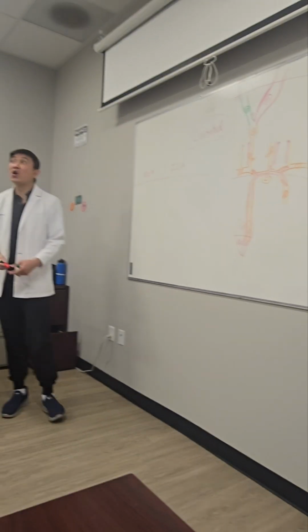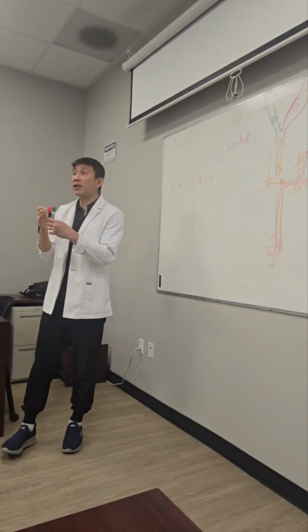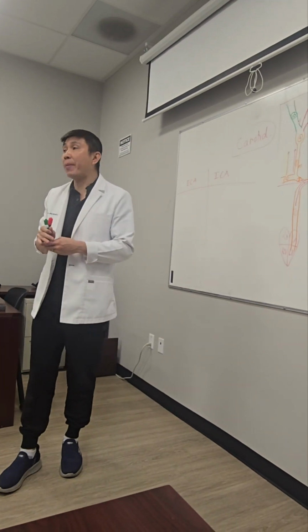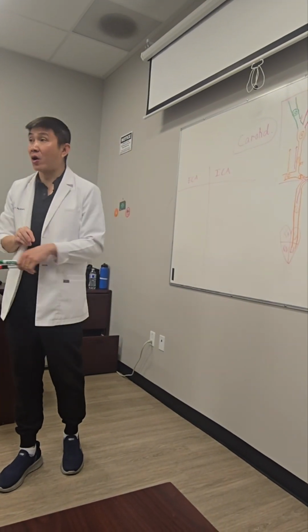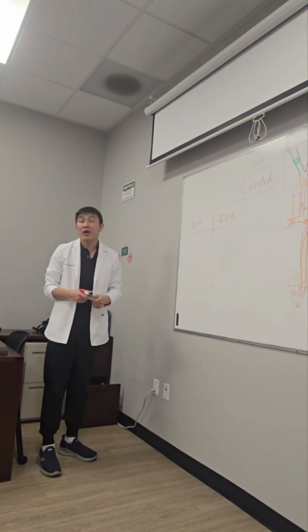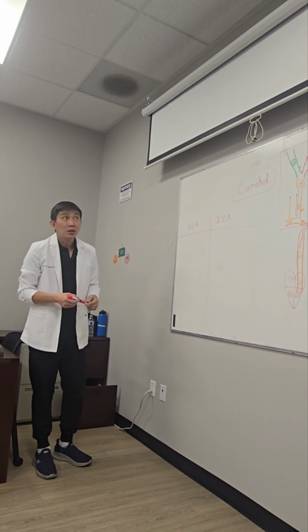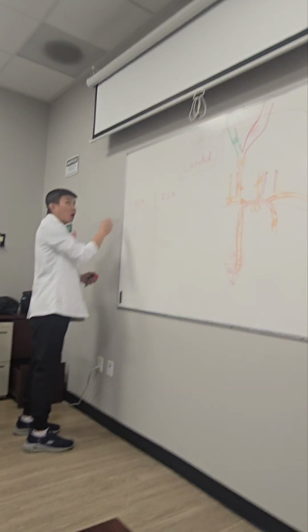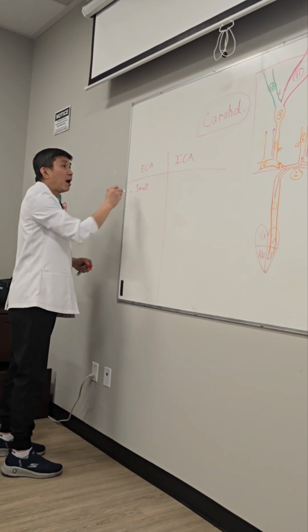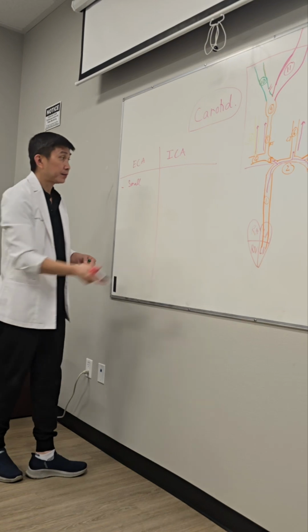If we look in the transverse or sagittal view and compare the size, which one is smaller? The ECA. Yes, so the ECA is smaller, as I just drew. How about the ICA? It's bigger.